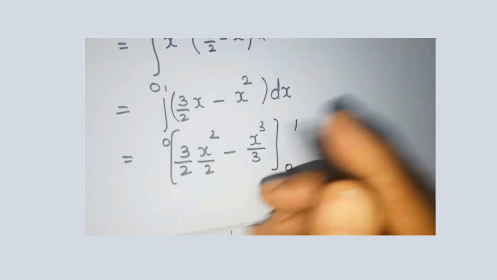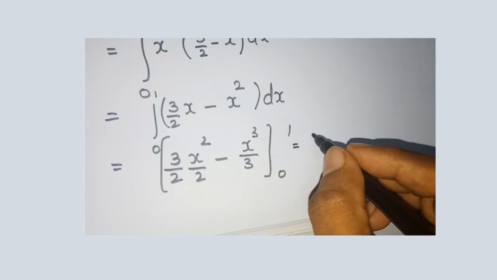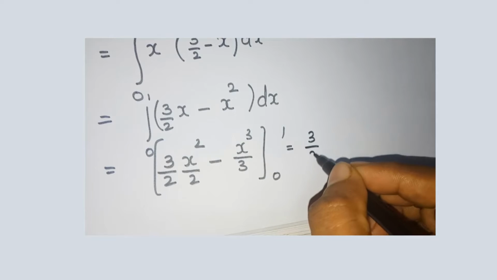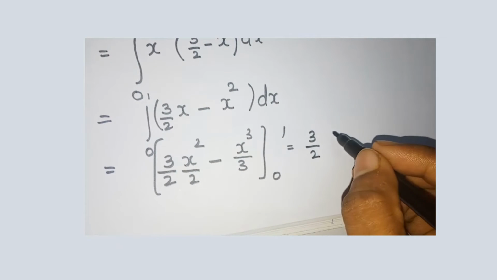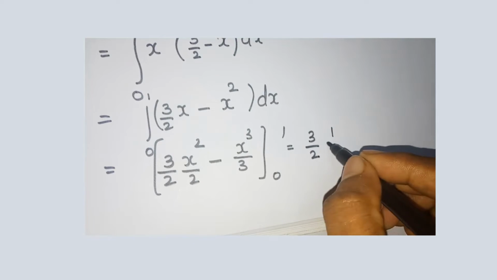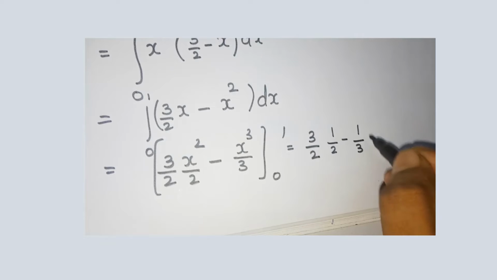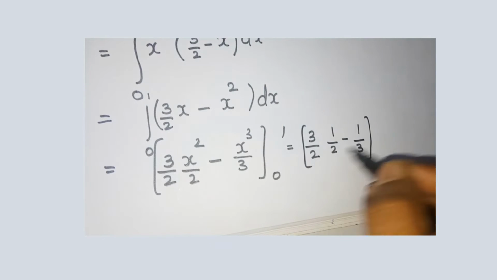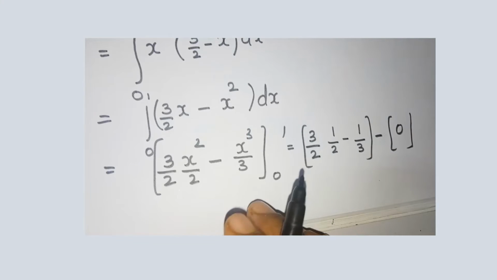Now if I substitute the upper limit and lower limit, I'll be getting 3 by 2. I'm substituting the upper limit in x, so 1 square is 1 into 2 minus 1 cube is 1 by 3. Lower limit is 0, so anyway it is 0.